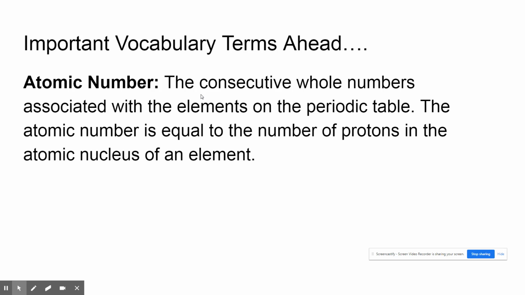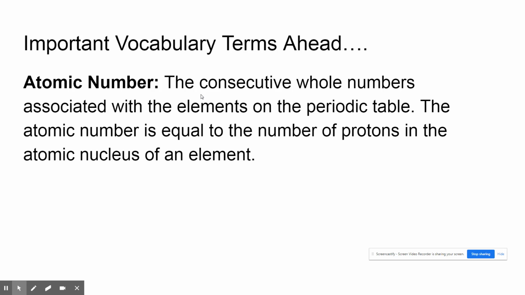The atomic number is the consecutive whole numbers associated with the elements on the periodic table. Your cards that you have in front of you do not have atomic numbers on them. Since you have those paper copies, if you want to go back and write the atomic numbers for those specific elements, based on looking at your periodic table, totally fine. You can totally do that.